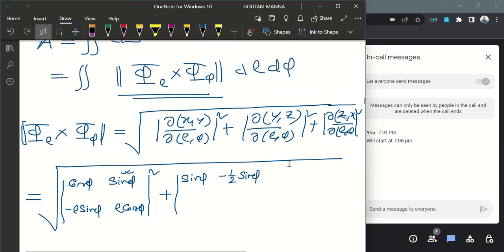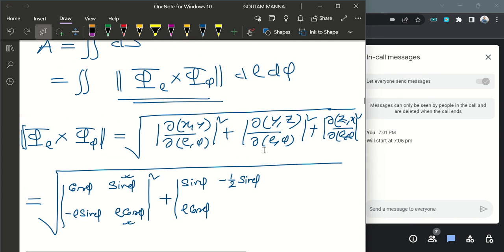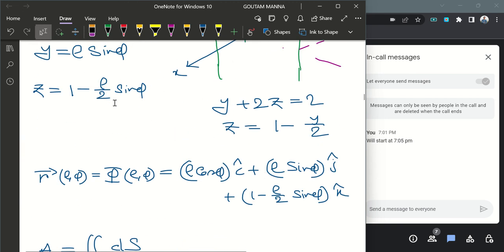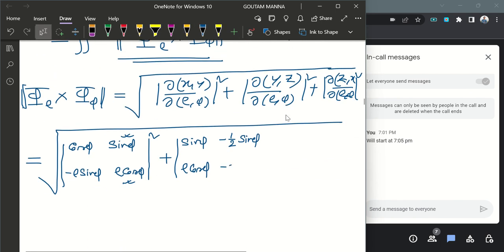And then del y del phi is this term, that is rho cos phi, and del z del phi, if you calculate it here, will be minus rho by 2 cos phi. Mod of that square, determinant of it squared.